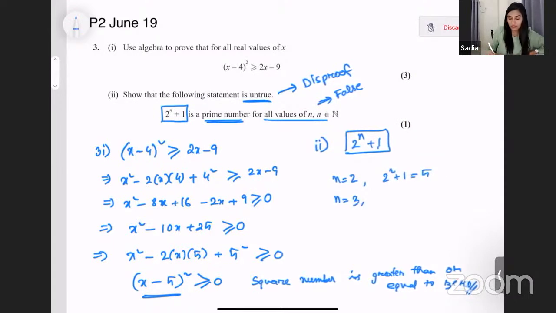So let's try with n equals 3. 2 cubed plus 1 equals 9. This is not a prime number. 9 is not a prime number. So this actually disproved their statement that 2 to the power n plus 1 is a prime number for all values of n.